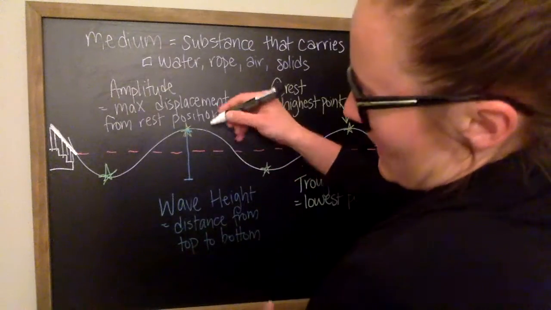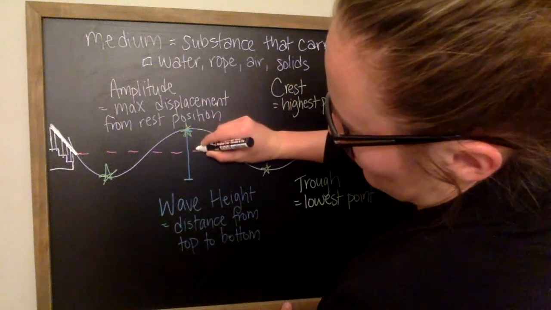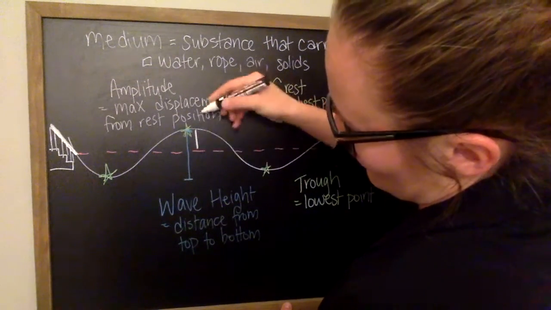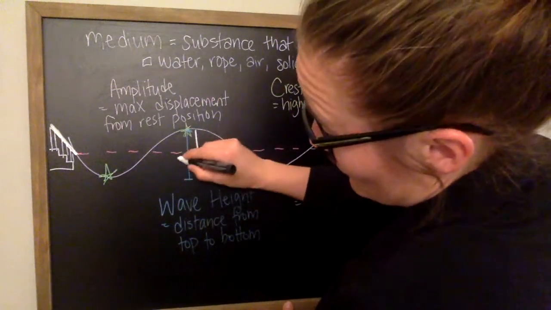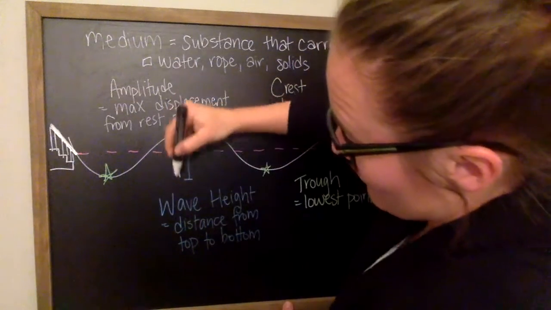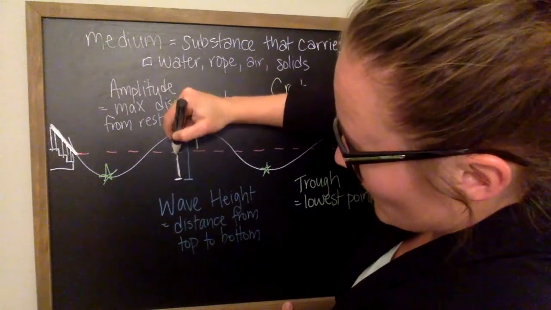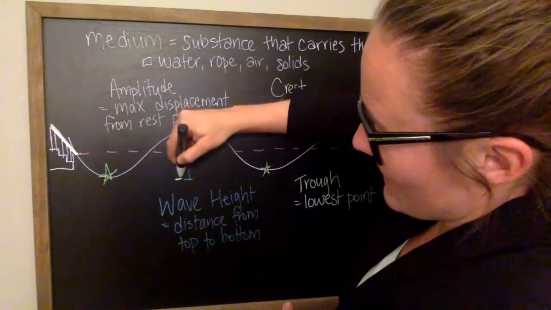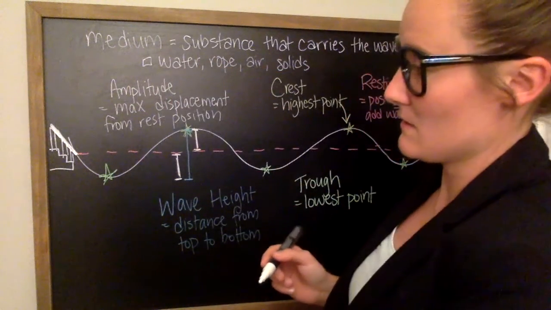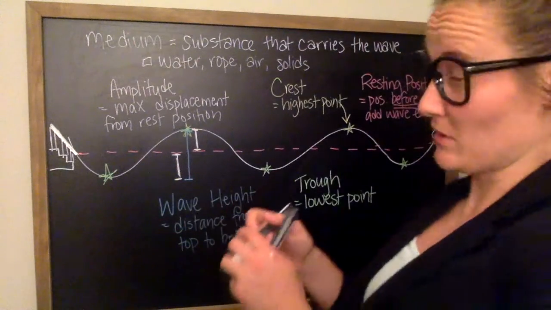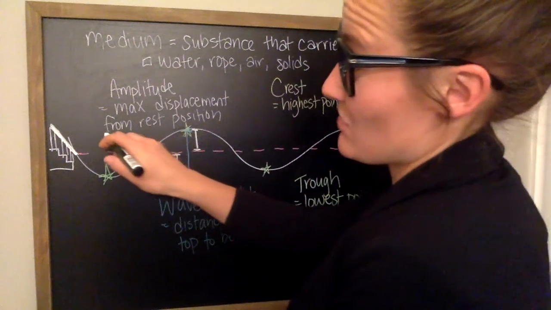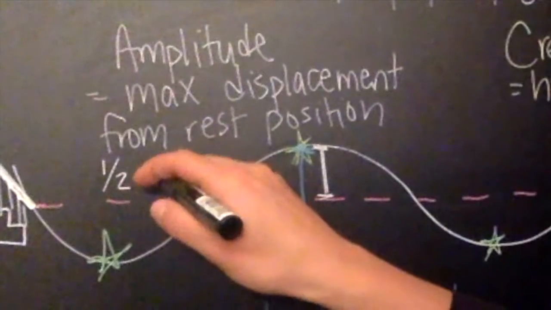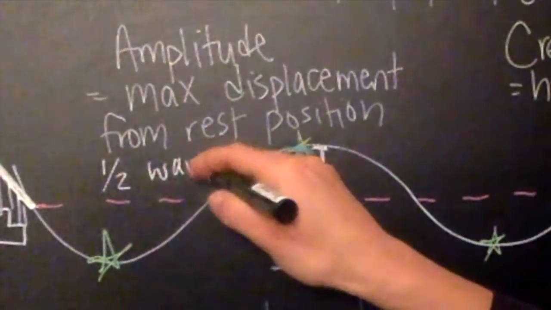Whether we're looking at our amplitude from rest position to the crest or rest position to the trough, because waves are symmetrical, they're actually going to be the exact same distance. Important thing to note about amplitude is it's actually half of the wave height.